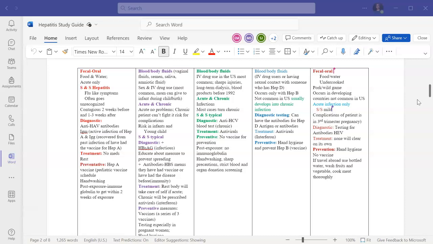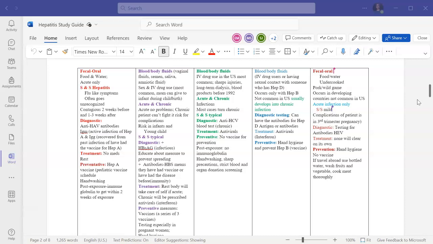And if it's a chronic hepatitis B, then they're going to get an antiviral medication, interferon. How can hepatitis B be prevented? The vaccines, the 3 series of hepatitis B vaccine. Okay. Let's move along to Hep C.